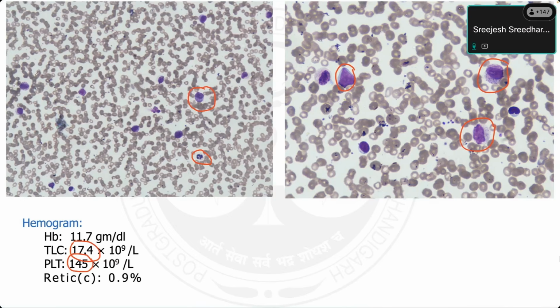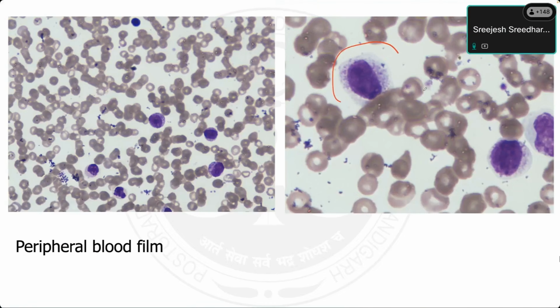They could be myelocytes, right? In real life, it was a difficult case for us because it was difficult to directly suspect a leukemia just by seeing the peripheral blood film. Again, the majority of the cells were like this, cells between the promyelocyte and myelocyte stage.